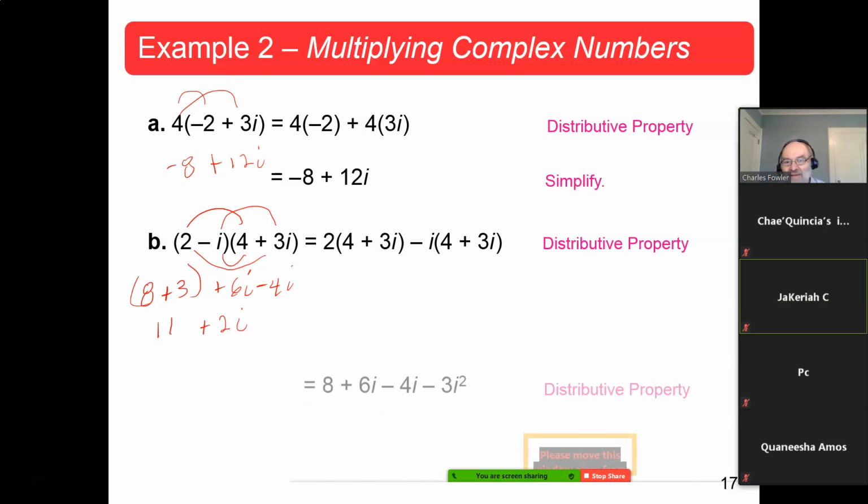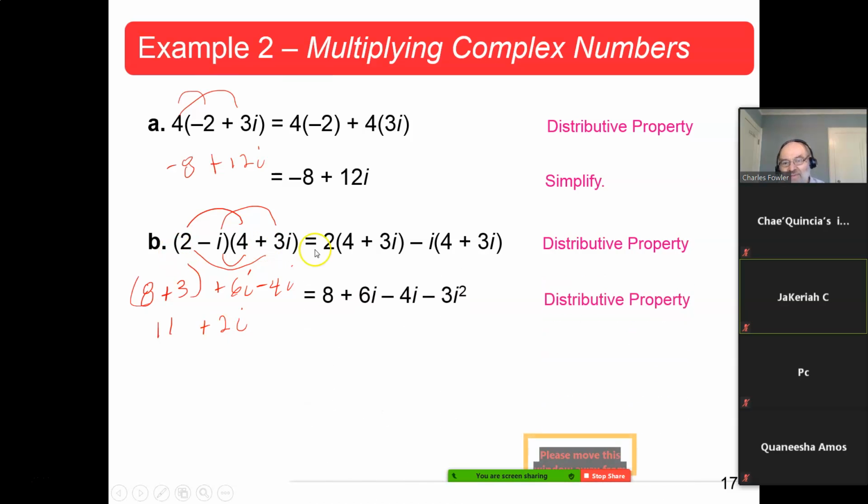So let's see what they get when they carry that through. They get 8 plus 6i minus 4i minus 3i squared. Okay, that's perfectly fine. It's correct. And then what do they do here? They substitute in the i squared of a minus 1, and that's all they did in that step.